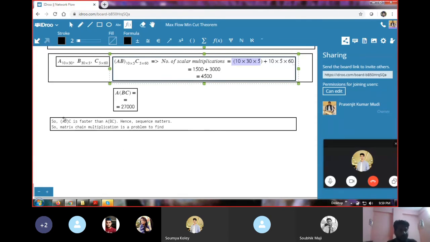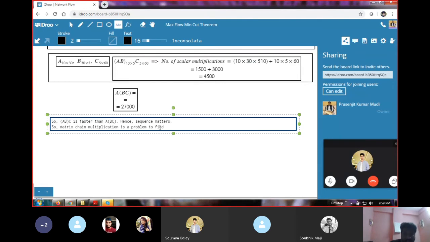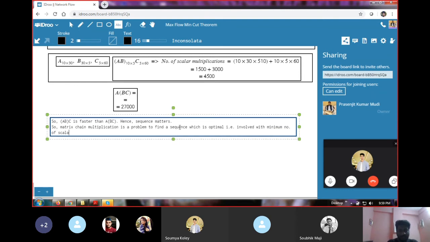Okay, so ABC is faster than A into BC, hence the sequence is mattering. So matrix chain multiplication is a problem to find a sequence that is optimal, that is solved with the minimum number of multiplications.